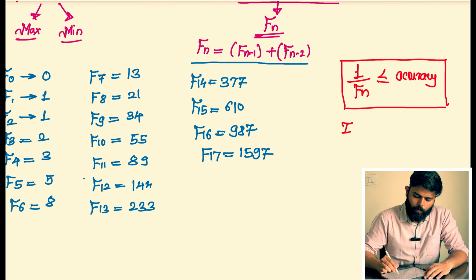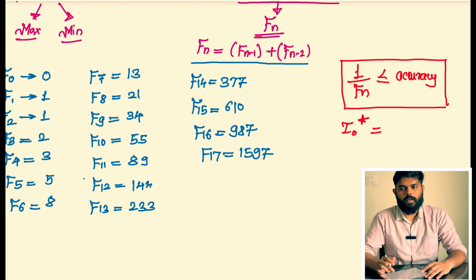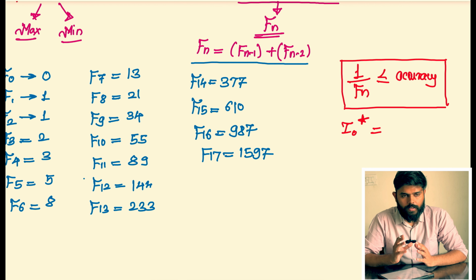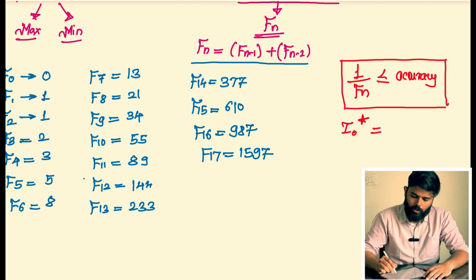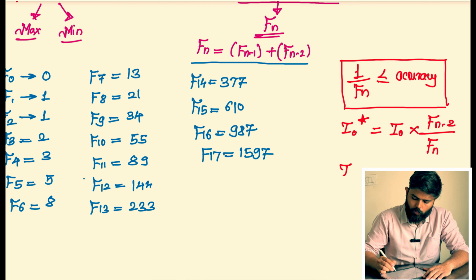The second important formula is I0 star. Now I0 star is a distance on that particular interval where we plot certain points. So the value of I0 star is I0, that is the interval, into Fn minus 2 upon Fn.